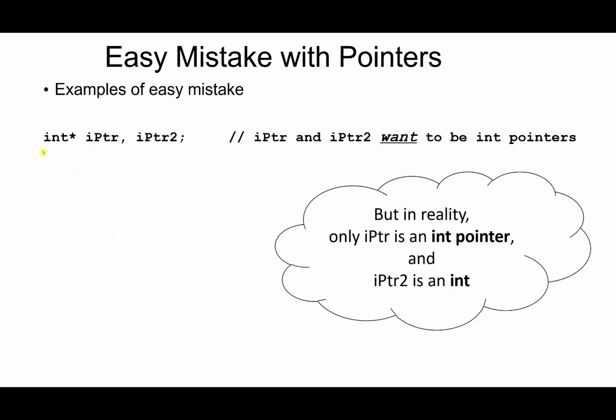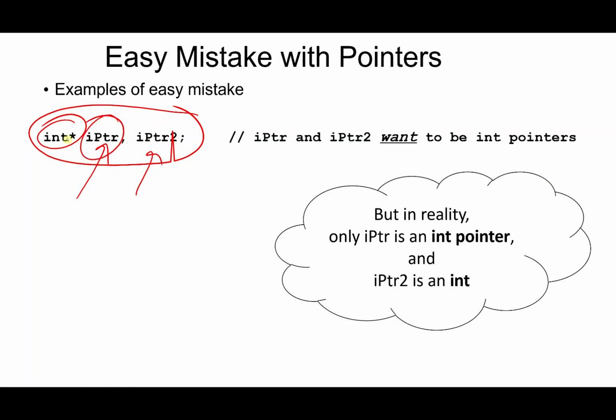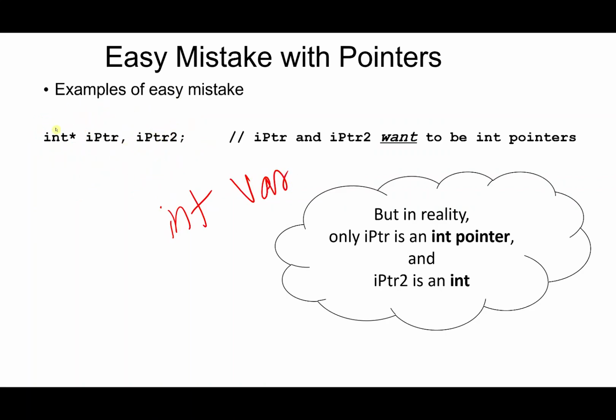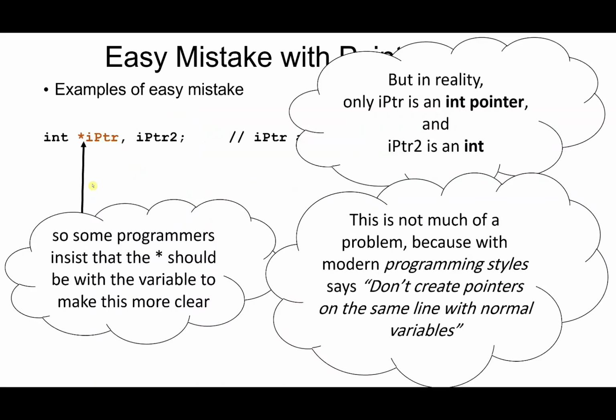Here's why. Answer me: how many pointers do you see in this statement? Some of you would say, okay, it's of type int asterisk, so I have 2 pointers. Even the naming kind of says that: iptr and iptr2. But actually, what we have is iptr as a pointer, and this other one is an int variable. This is not a pointer. So how do we make it a pointer?